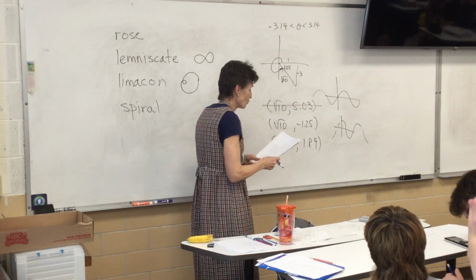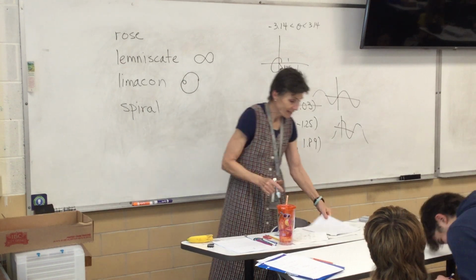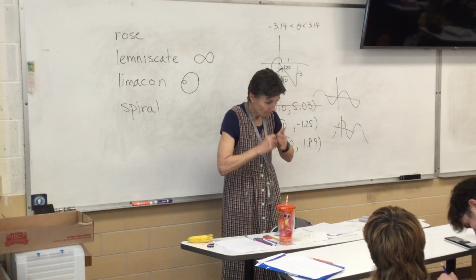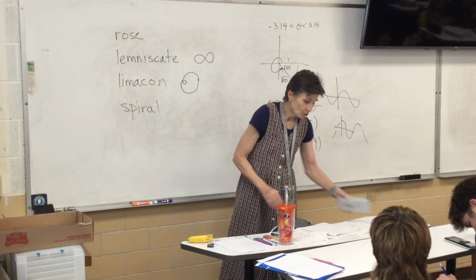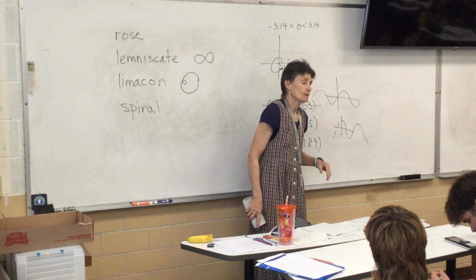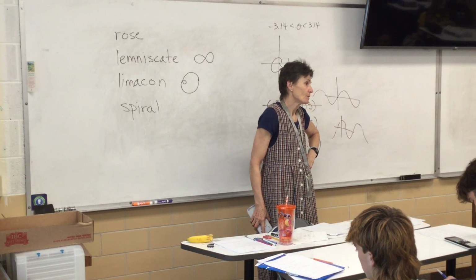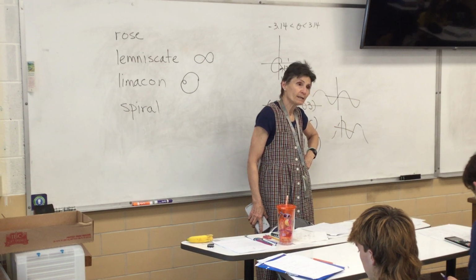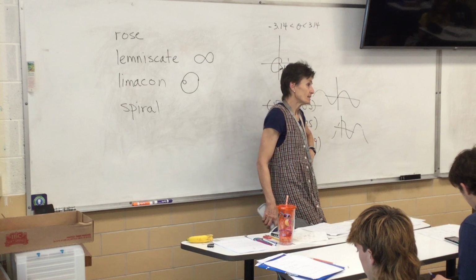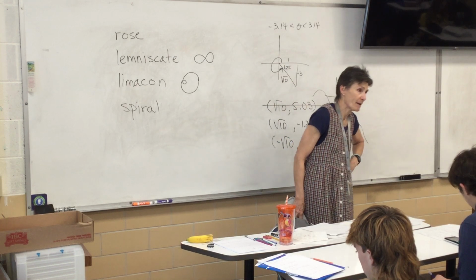So the very first thing that I want you to do right now on your own, I want you to be in radians. I want you to be theta from 0 to 2 pi with a step of 0.1 and negative 10 to 10 for your x's and y, max and min.